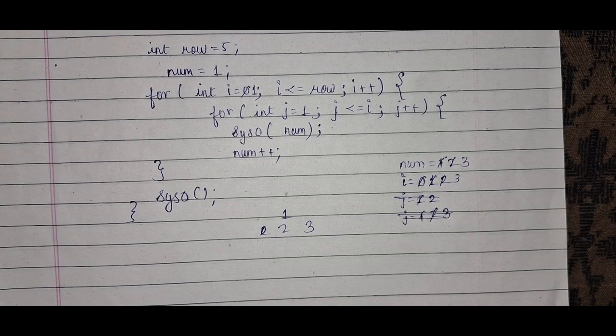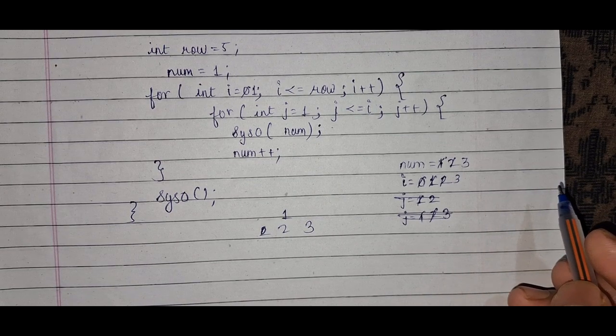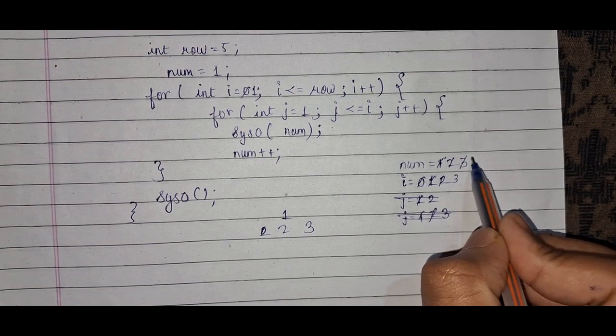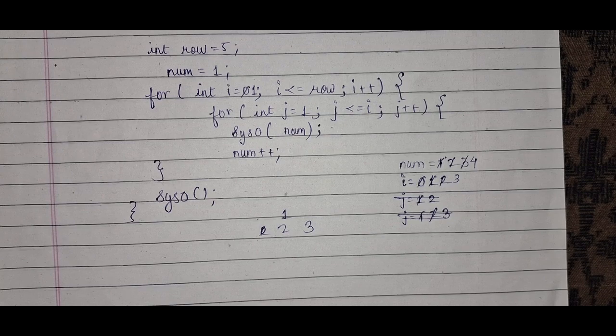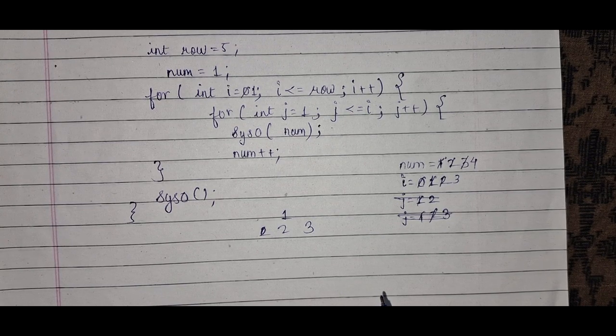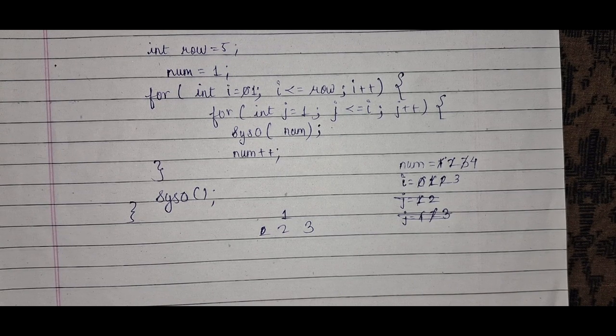After printing, the num will be updated. Now i's value is updated. Now i's value has become 3.